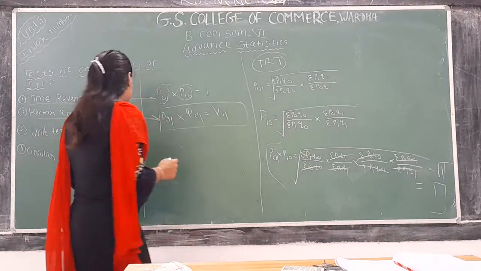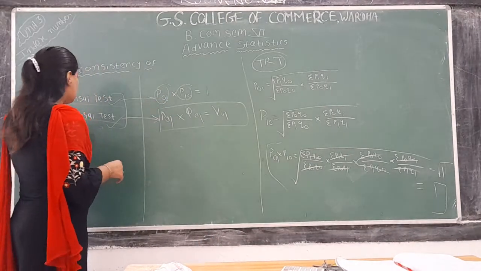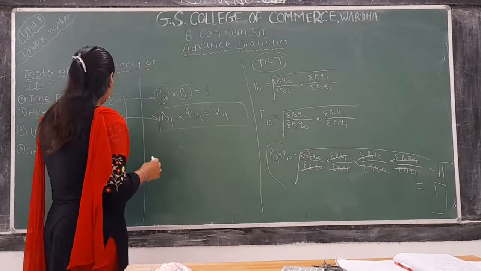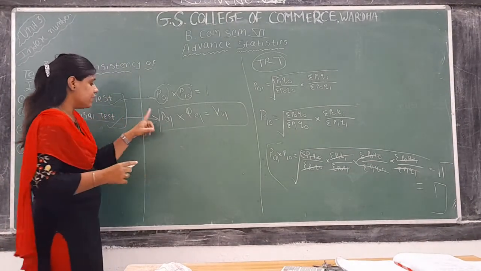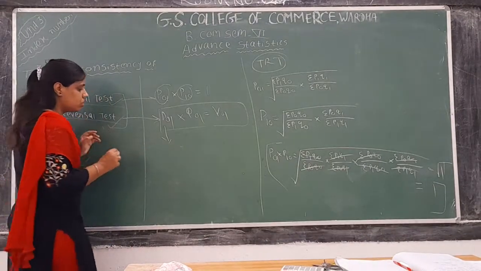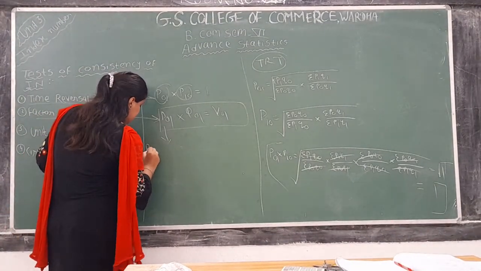Then we are going to talk about the factor reversal test. So what's the formula for the factor reversal test? How do we compute P01 by using the Fisher-Ideal index number?